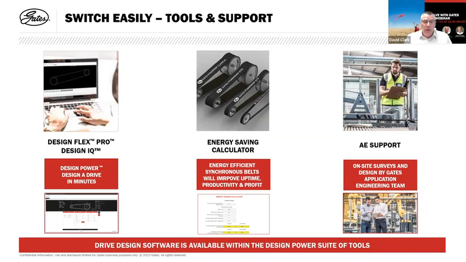There are a lot of advantages in moving to a more energy efficient drive, and you can calculate those savings both on the energy saved from the drive itself, but also from maintenance, with the calculator on the Gates website.